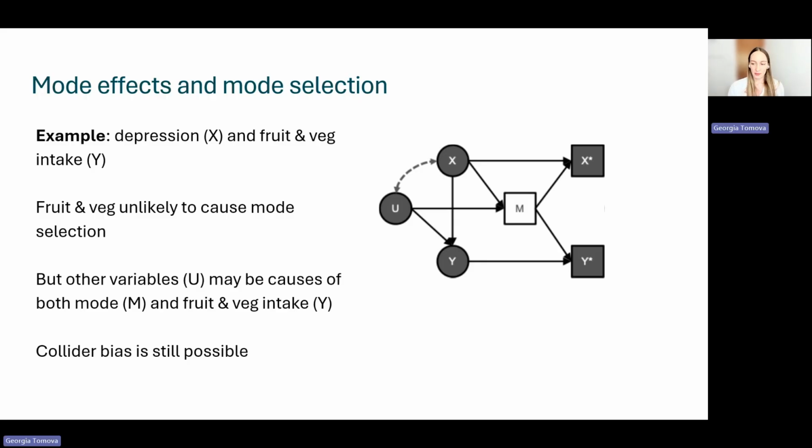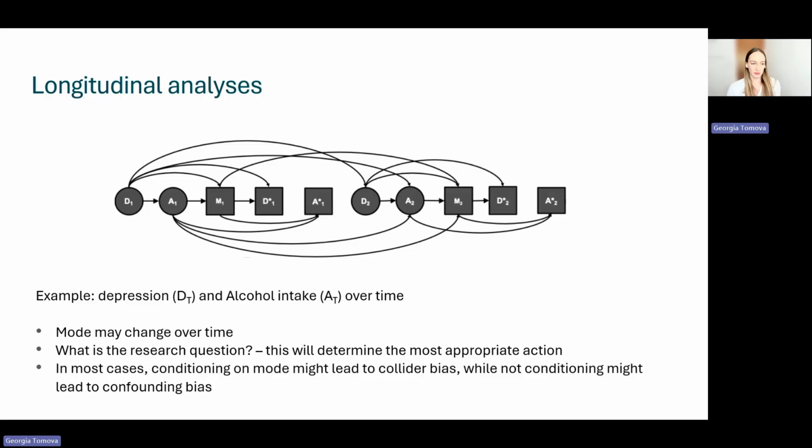And I'll just make a quick point on longitudinal analysis. So this DAG is not meant to put you off. It's just to show you that things in practice can get a lot more complex. So suppose we are interested in the effect of depression on alcohol intake over time. So we have different measurements of depression and different measurements of alcohol intake over time.